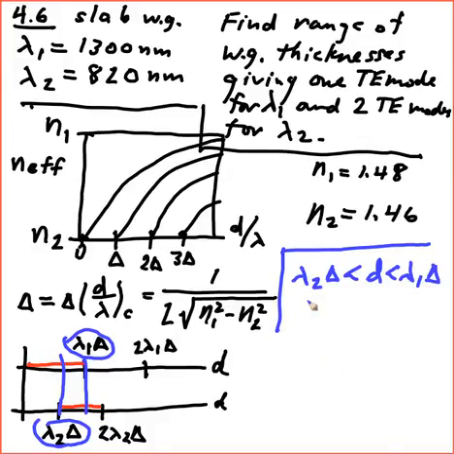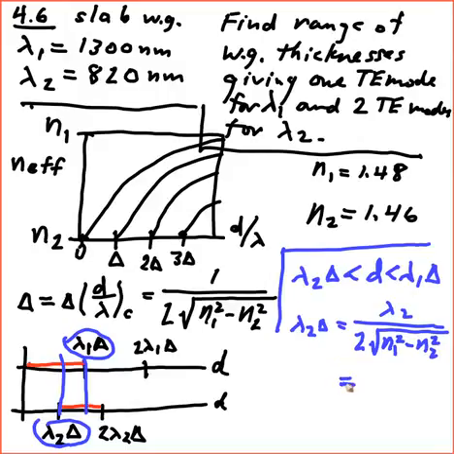Delta is this value, so if you plug in the numbers, lambda 2 delta is lambda 2 over 2 square root of n1 squared minus n2 squared, and you get, for that value, 1.69 microns. And for lambda 1 delta, we get 2.68 microns.